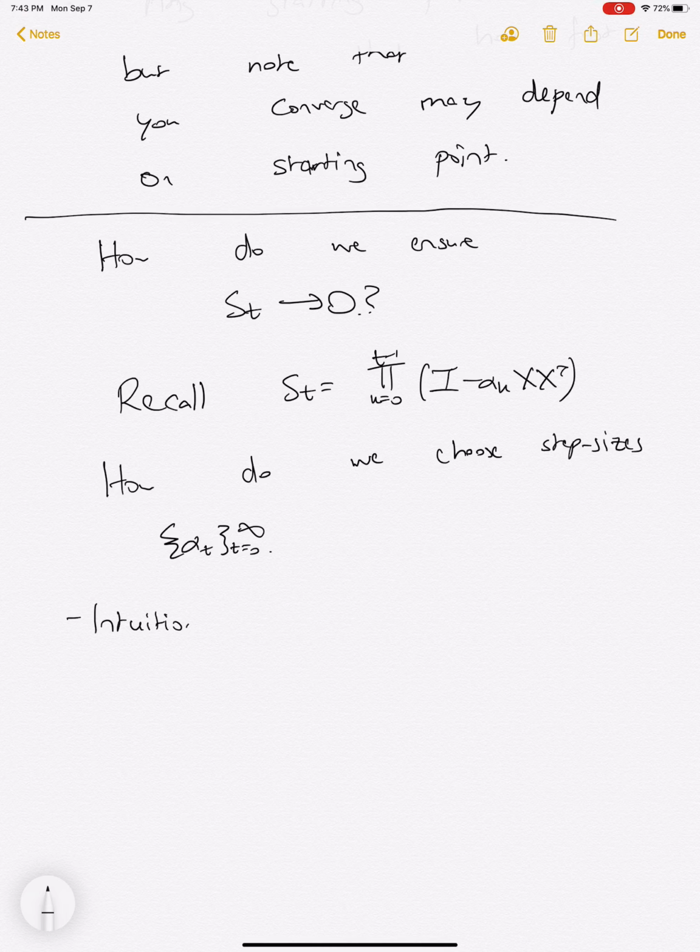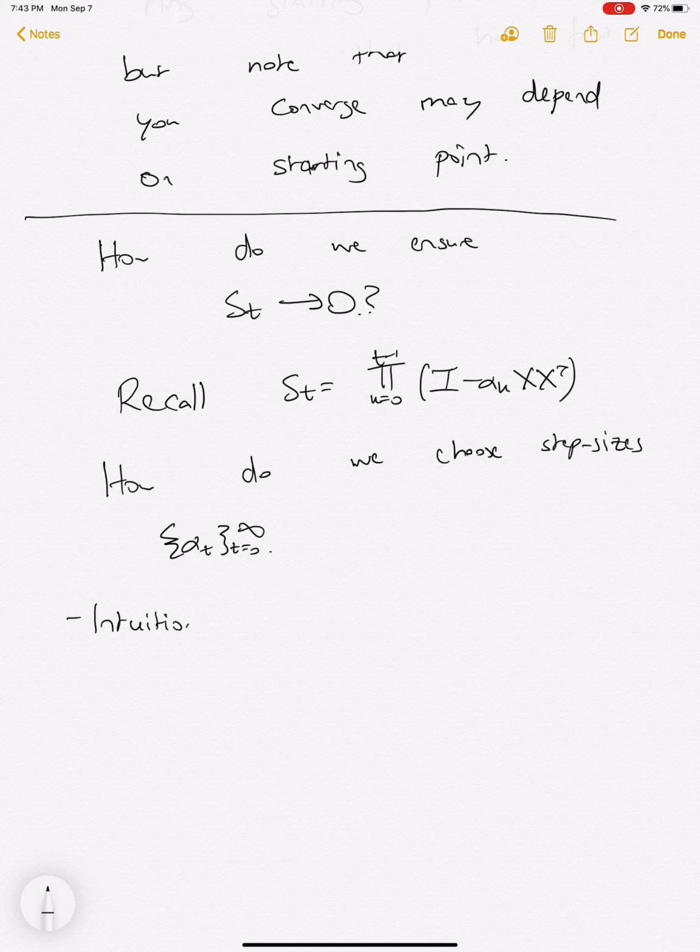So you're multiplying several matrices together with eigenvalues less than 1. And so this ensures the product goes to 0.